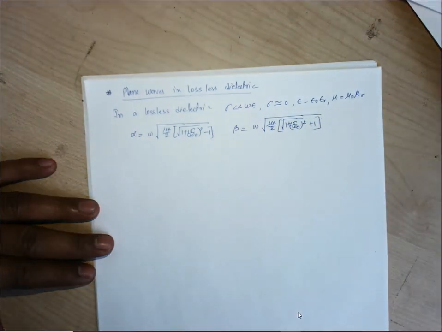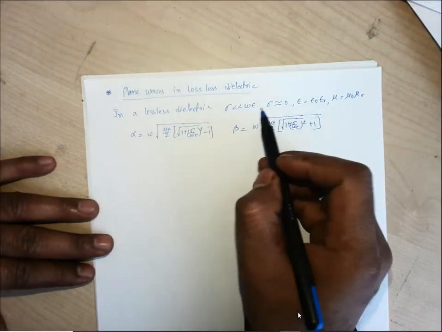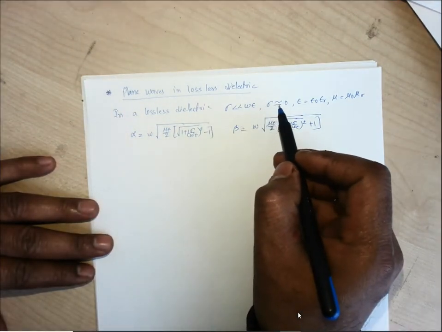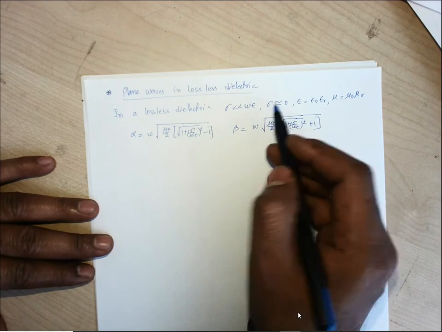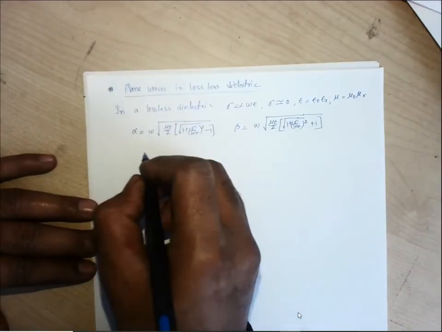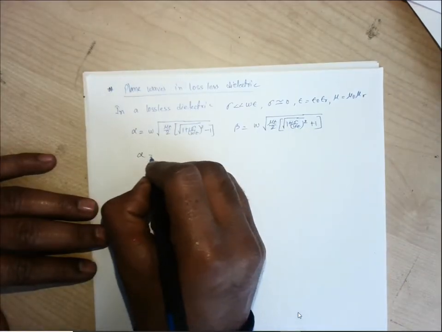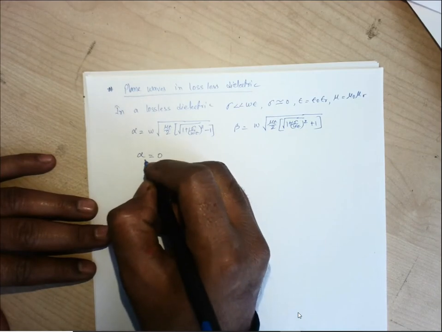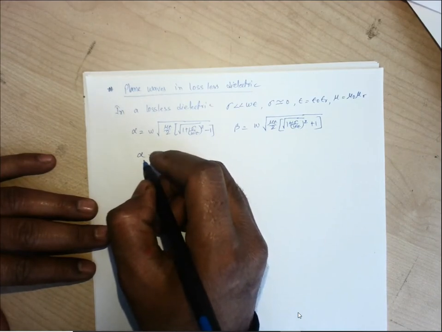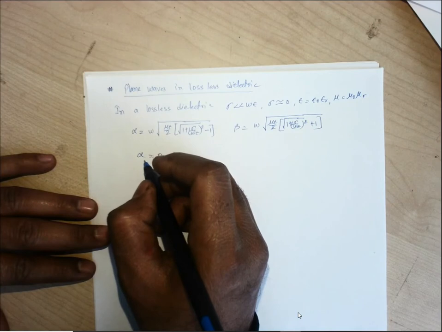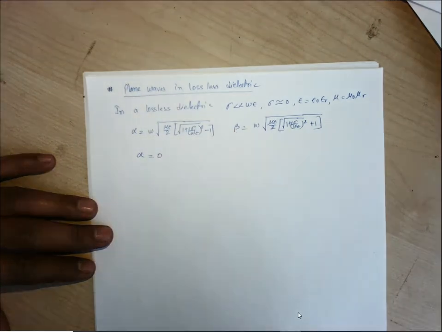Obviously, sigma approximately becomes 0 for lossless, so let us put sigma equals 0. In this case alpha will become 0. For a good dielectric, definitely alpha will become 0.